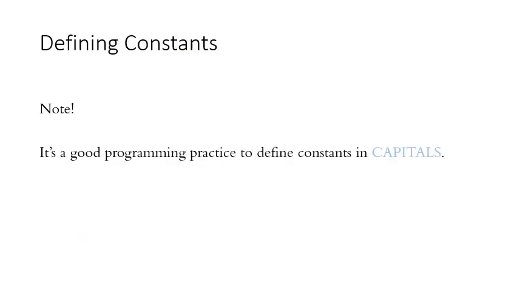Notice that we have used only uppercase letters or capitals. This is a convention that most C programmers follow, but not a requirement of the language. Still, C programmers have been doing this for decades, so you wouldn't want to be the first one to deviate. It's a good programming practice to define constants in capitals.